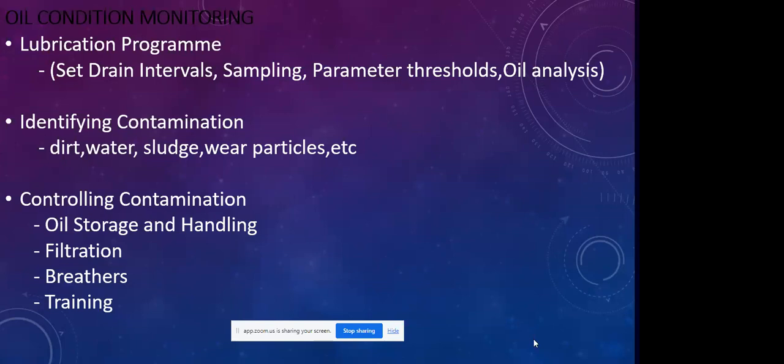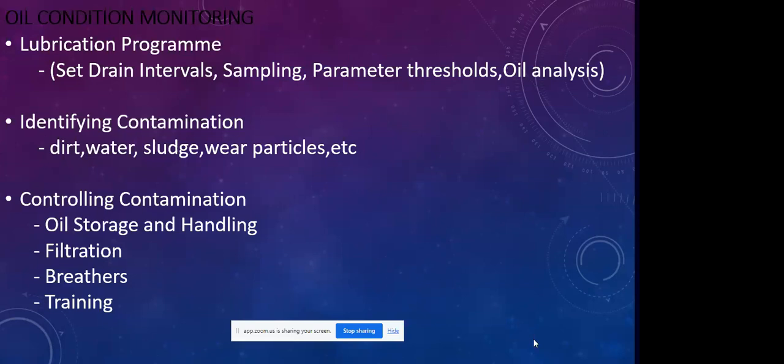Second point in condition monitoring, I'm looking at identifying contamination. The fact that the oil is new or is fresh does not mean the oil is clean. The fact that the oil is coming from a new drum does not necessarily mean the oil is clean. We have contamination coming from inside the system and some coming from outside the system.